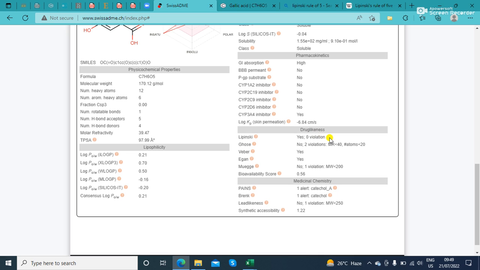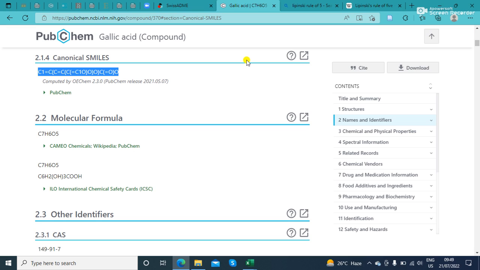So our Lipinski's rule is respected. This compound, our gallic acid, is likely a drug, so we can continue our study with that compound.